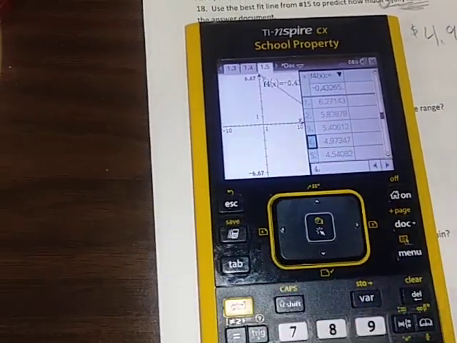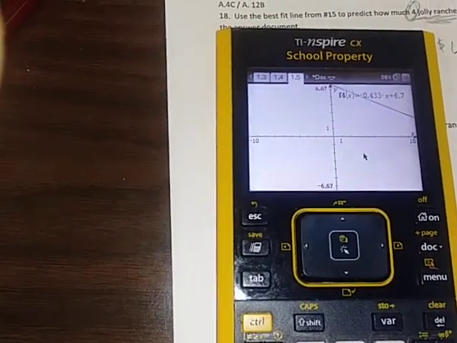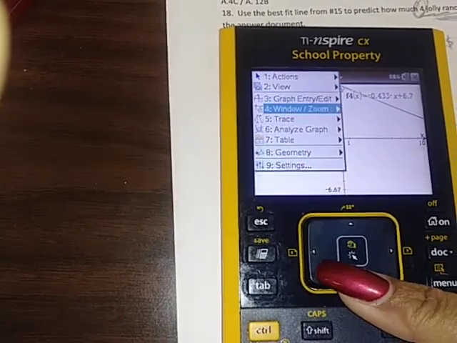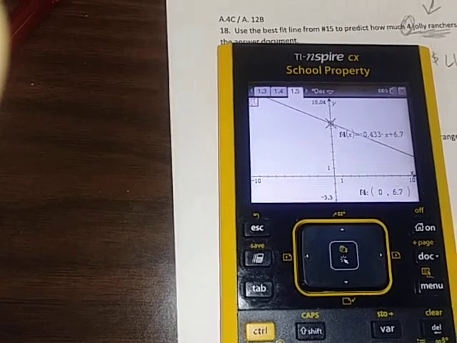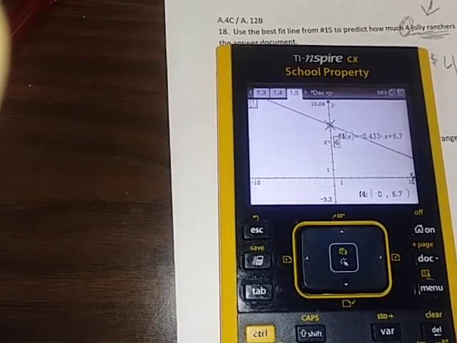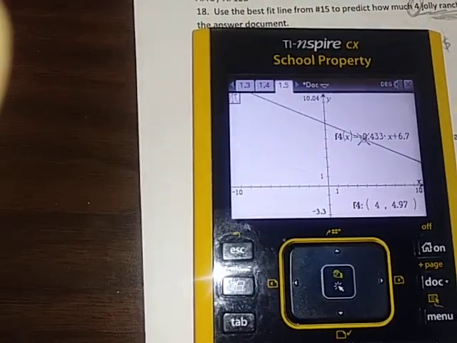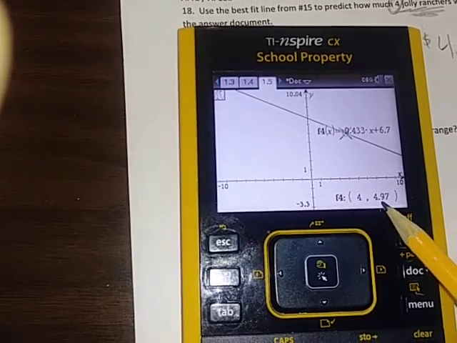You could also press menu, go down to trace, over to 1, press 1, and now enter in the X value, 4. There it is, $4.97.